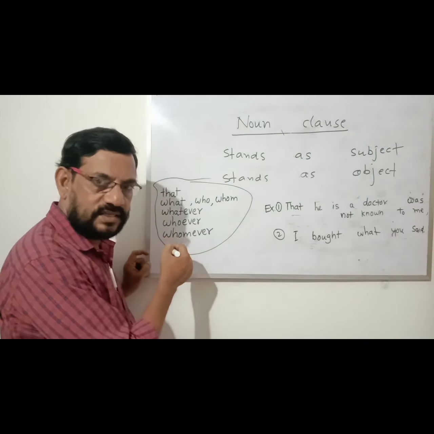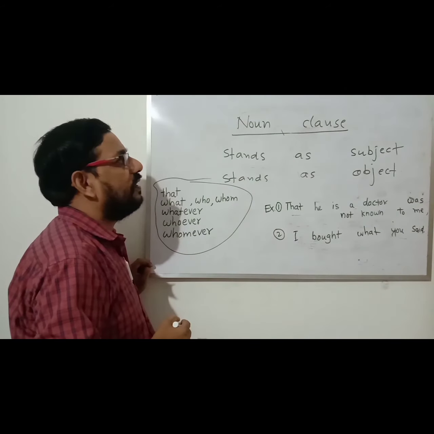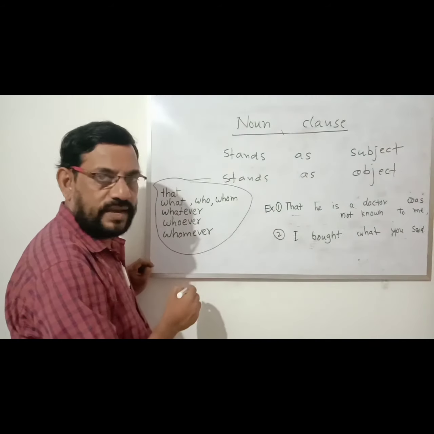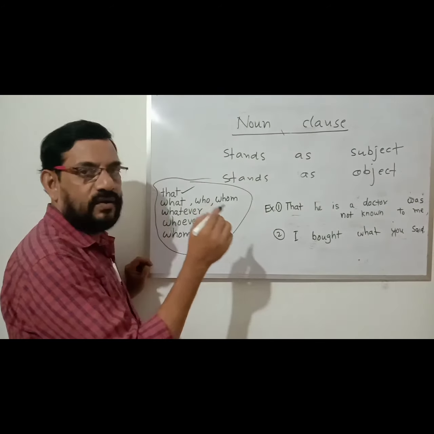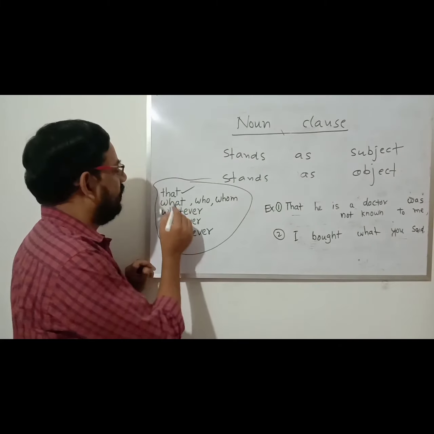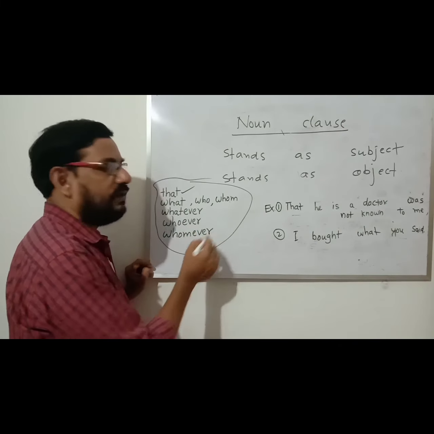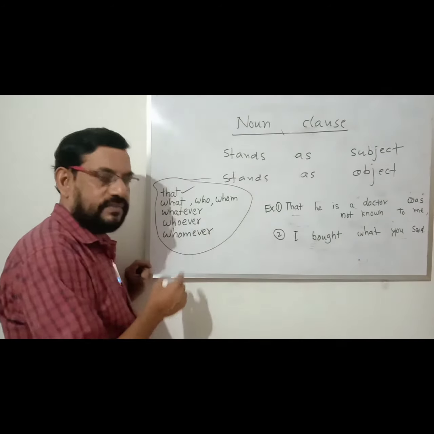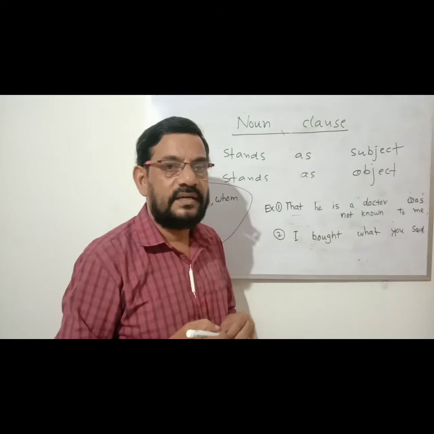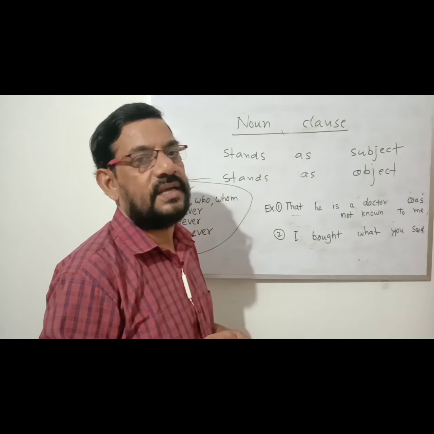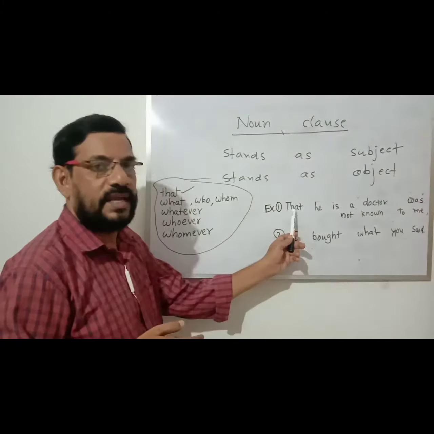These are the subordinating conjunctions we can use to start a noun clause. That means we can start a noun clause with that, or what, or who, or whom, whatever, whoever, whomever. Any one of these words can be used at the first to make a noun clause, because a noun clause is a subordinate clause. A subordinating conjunction must come at the beginning.